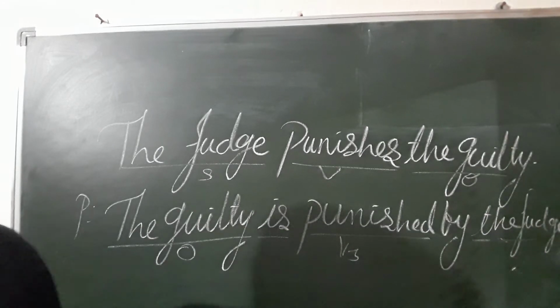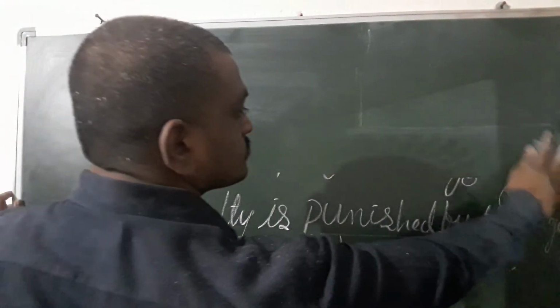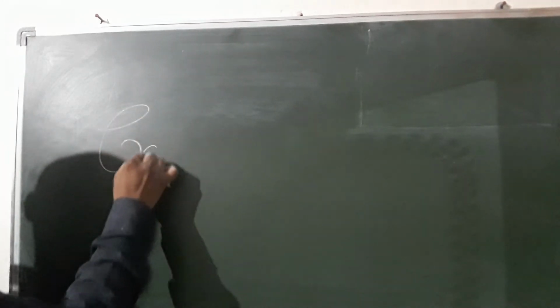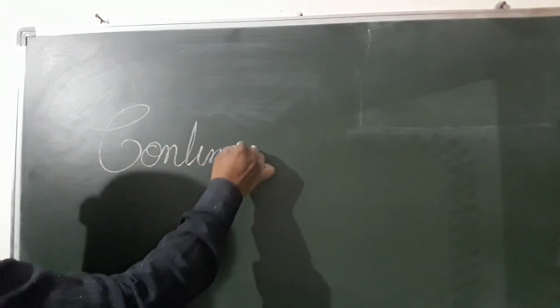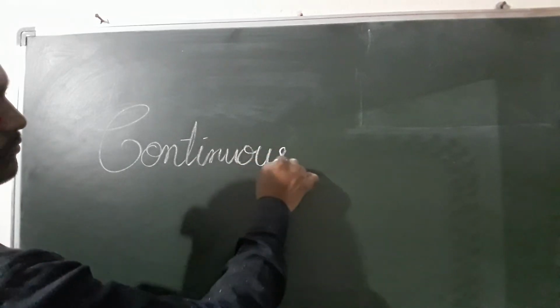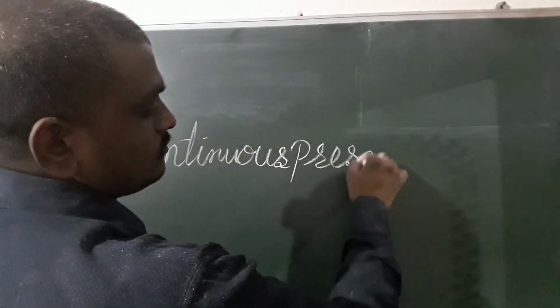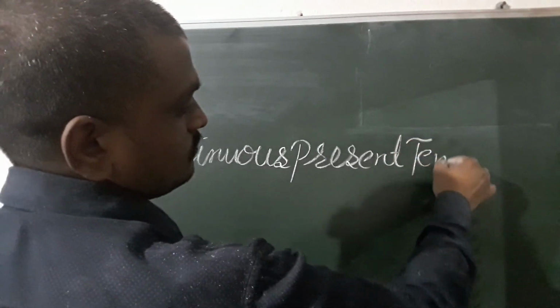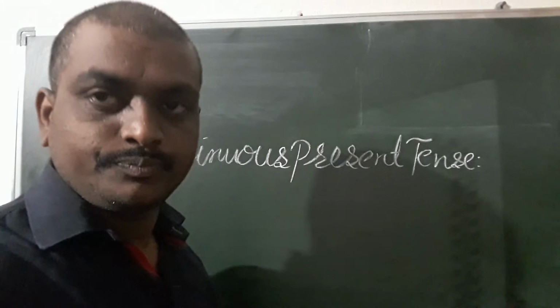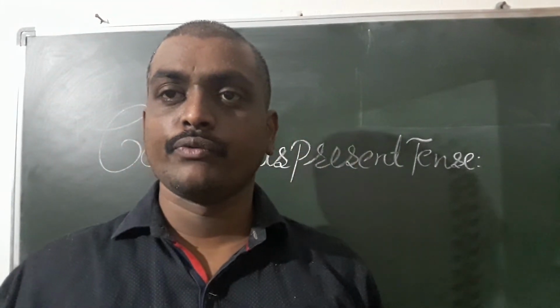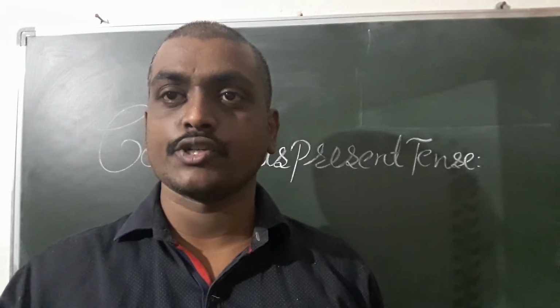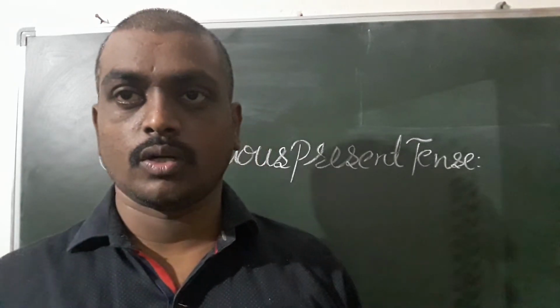So next one is continuous present tense. When we are transforming a continuous present tense sentence of active voice into the passive, we should know the structure of the continuous present tense.